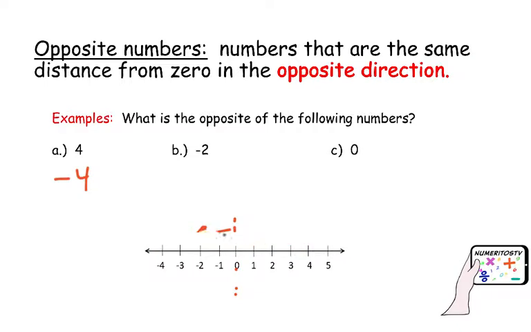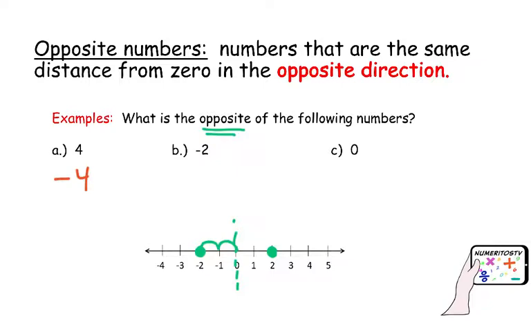What about -2? Well, -2 is positioned here to the left of 0. It is 2 units away from 0, but to the left of 0. So if I want the opposite, it will be 2, because it's in the opposite direction of that number in correspondence to 0.